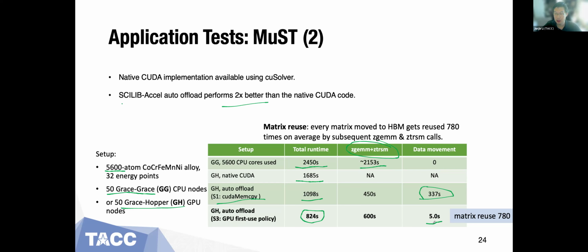And data movement is just 5 seconds compared to over 300 seconds when you do the data movement in a conventional way. Here, the matrix gets reused 780 times. So for every matrix that I move to the GPU using the first use policy, it gets picked up by later BLAS calls 780 times. And that guarantees that we have good performance for automatic offload.